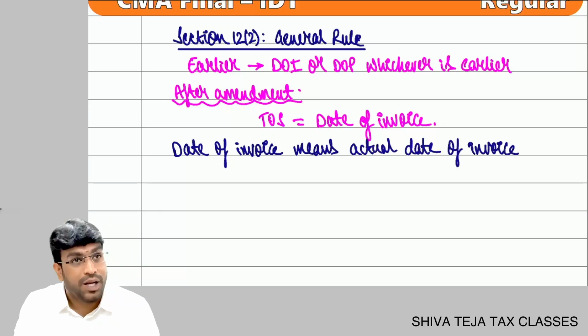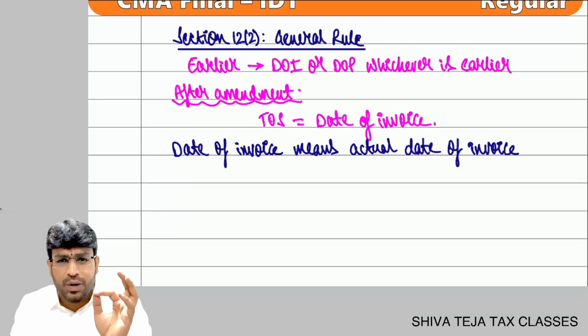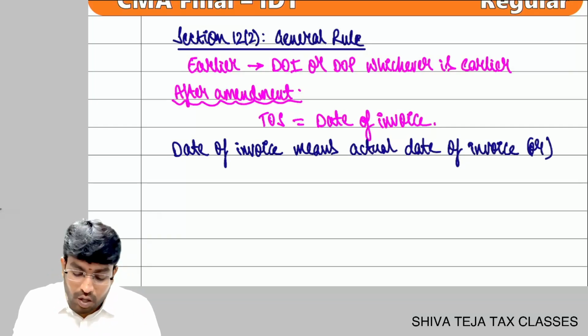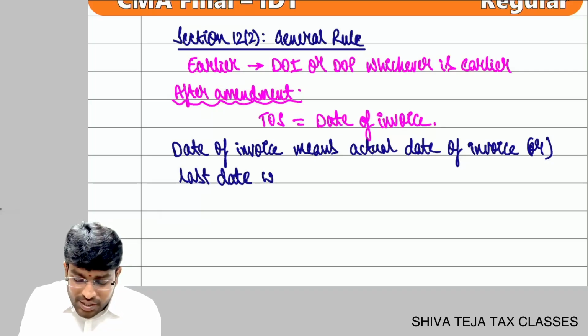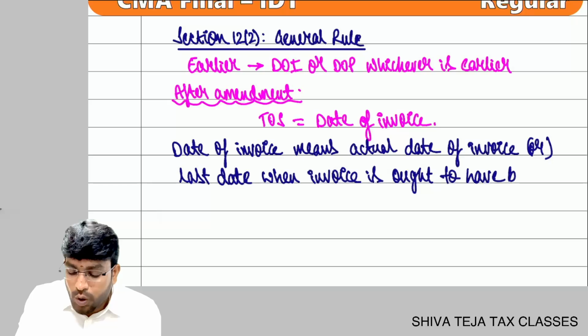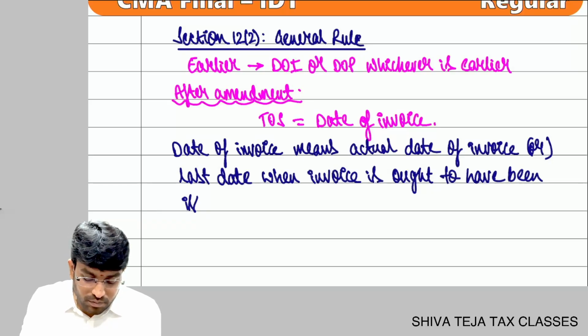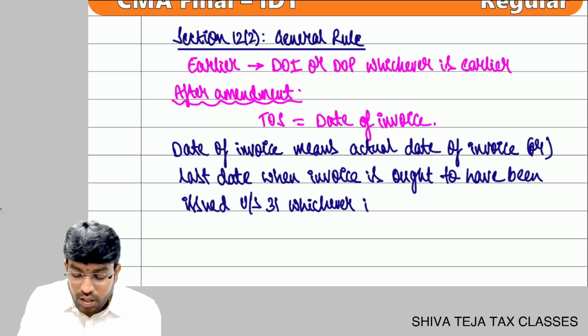Actual date of invoice. One more time I repeat. Date of invoice means actual date of invoice or last date when invoice is ought to have been issued under section 31, whichever is earlier.